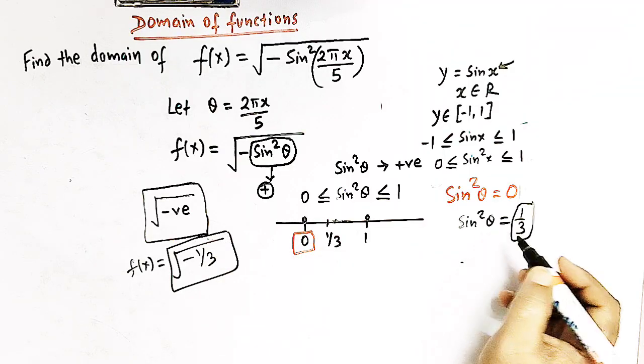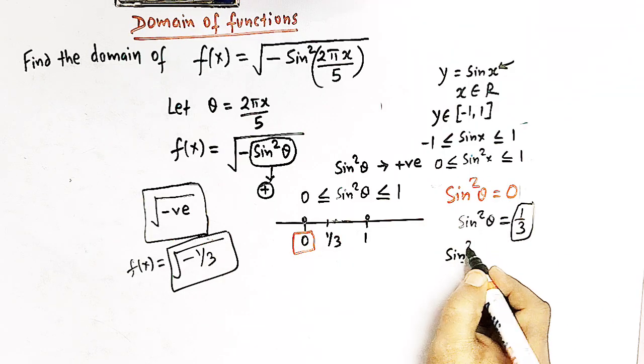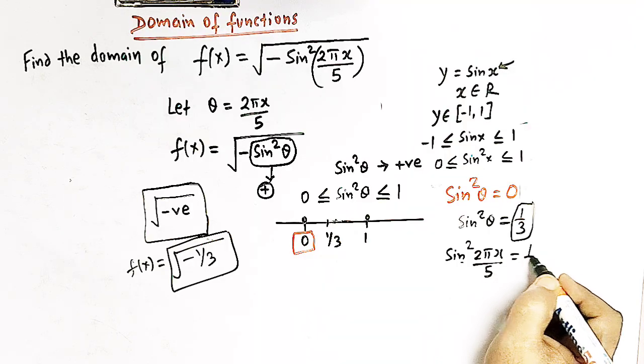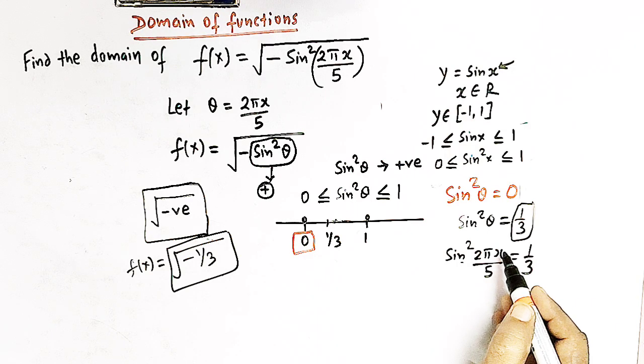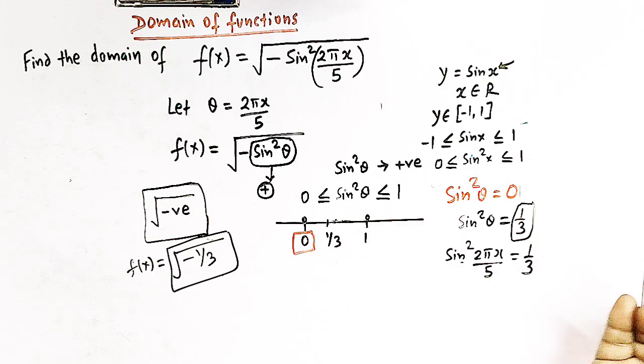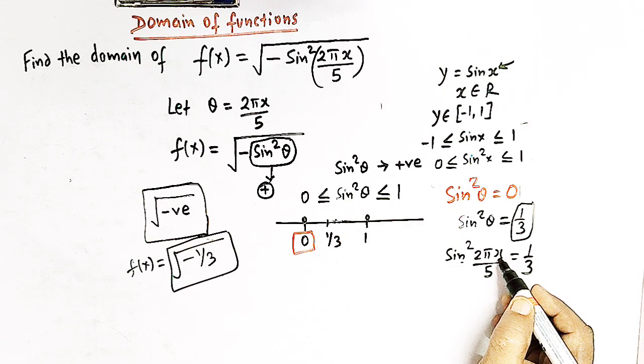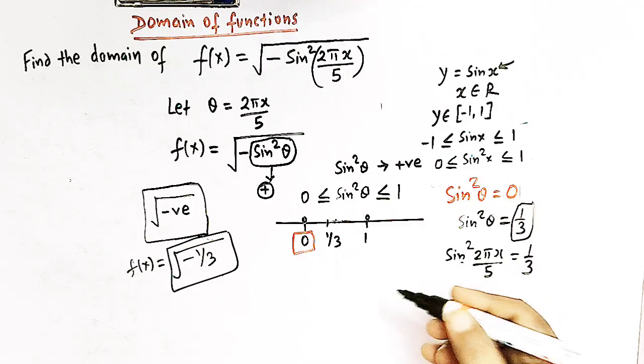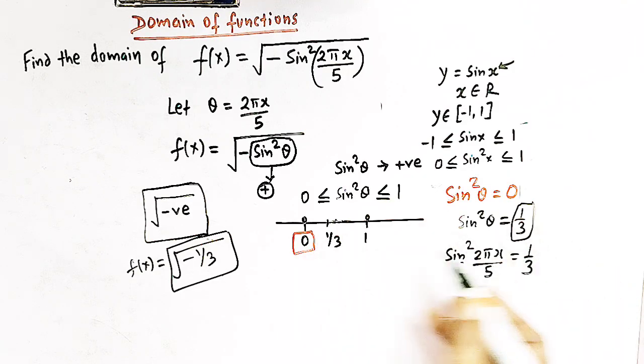So here we have sine square 2 pi x over 5 is equal to 1 over 3. We cannot have any value of x for which sine square 2 pi x over 5 is equal to 1 over 3. Similarly we can explain the other values.